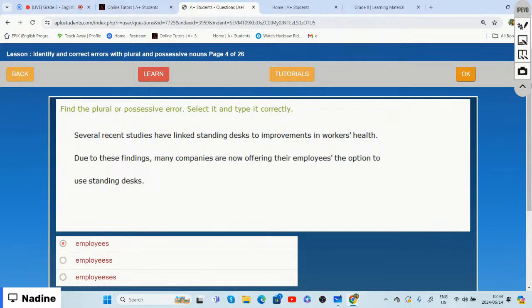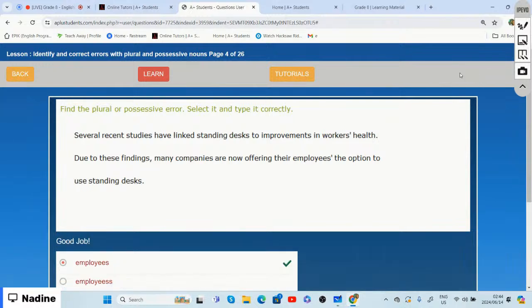All right, so we said employees because employees refers to more than one person that is working at the place.